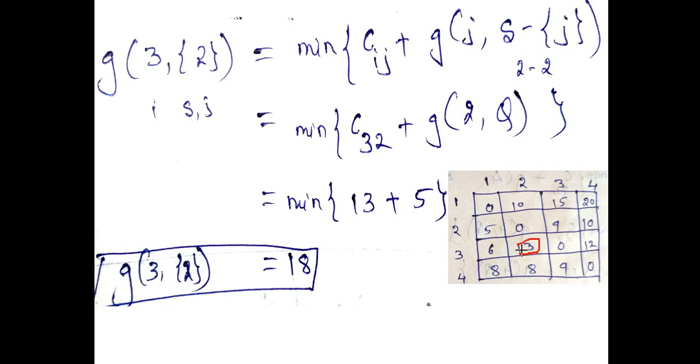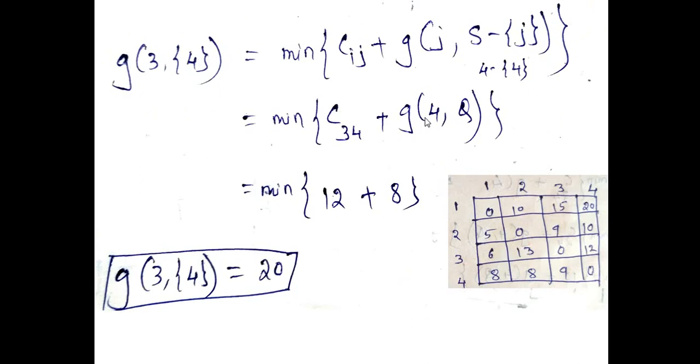So substitute this previous value, g(2, 5) has the answer 5. Cost matrix 3 to 2. And see here, 3 to 2. What is the answer? 13. Just write here 13. Previously we have calculated 2 to 5, that is 5. 13 plus 5, how much? 18. So the same way you have to calculate all the parts.